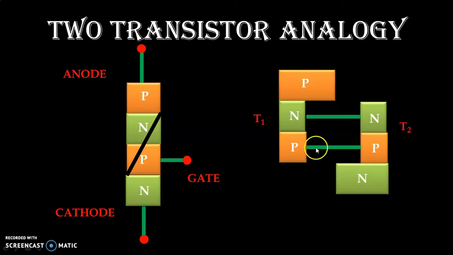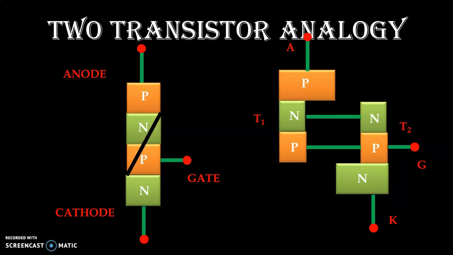We can see that the base of the first transistor is connected to the collector of the second transistor, and in the same way the base of the second transistor is connected to the collector of the first transistor. Anode and cathode are connected, and with the intermediate P layer, the gate is connected.